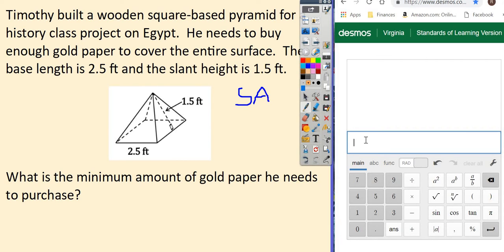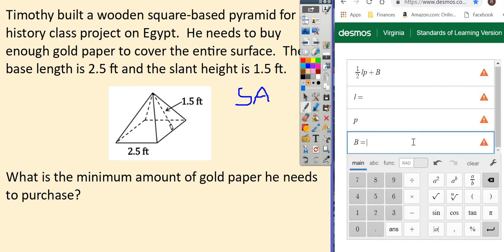So again, I'm going to go straight to my formula sheet. I know I'm looking for surface area, so I'm going to very carefully put in the surface area formula, which is 1/2 LP plus capital B. Now I have to define things. So L equals, P equals, and capital B equals.